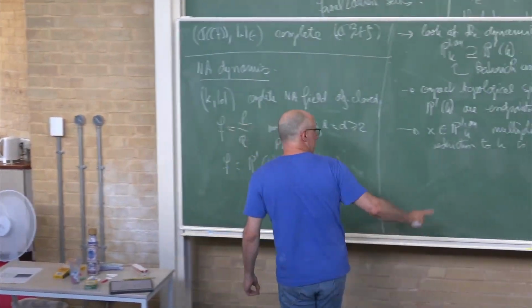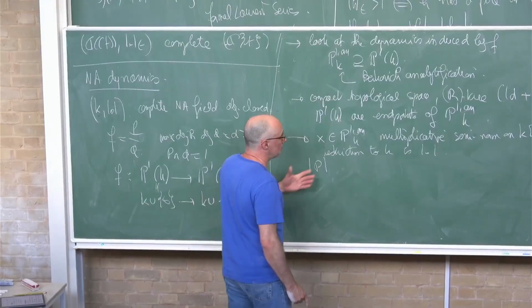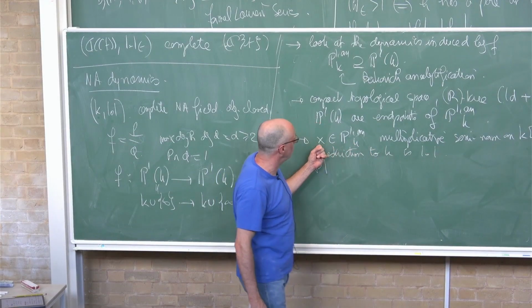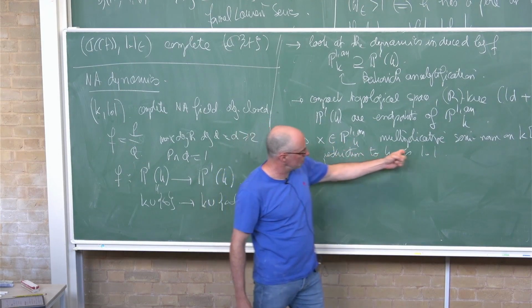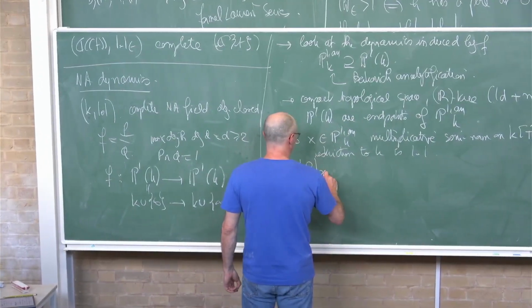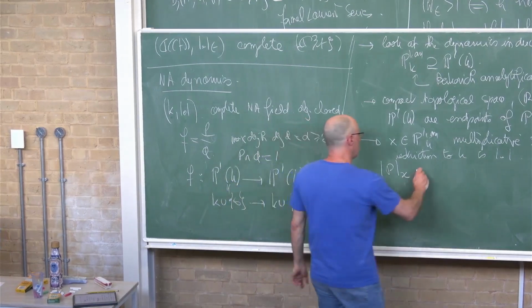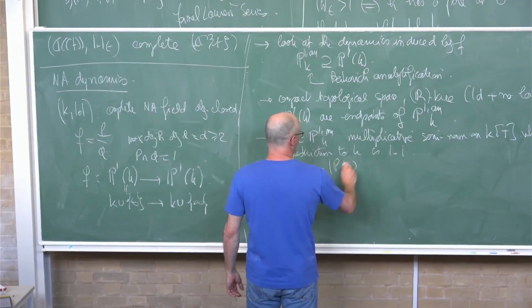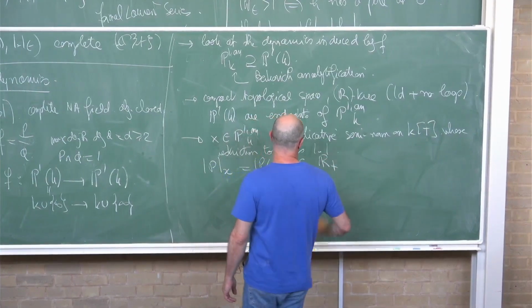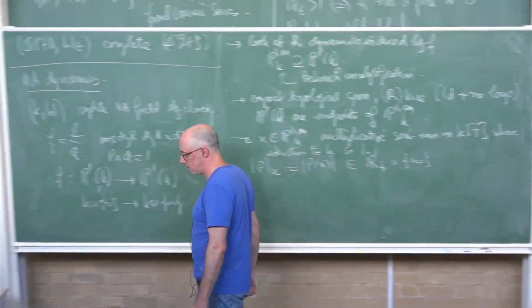But what you have to understand is that if you give me a polynomial, then since it's X and you take a point in the Berkovich identification, it's a multiplicative semi-norm on this. So it makes sense to take the norm of the polynomial on that point. So usually I'm going to write it this way. And this is a non-negative real number, possibly plus infinity if X is infinity.